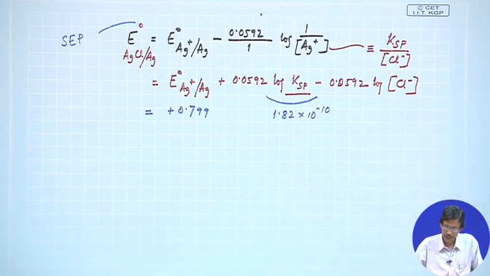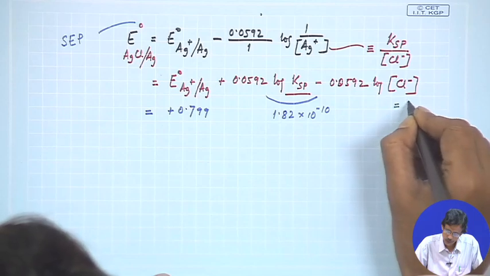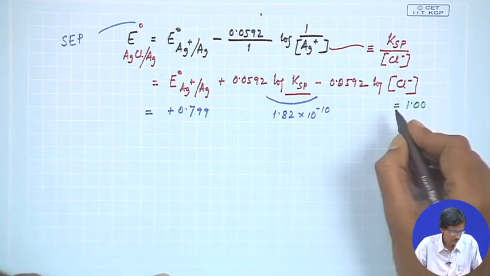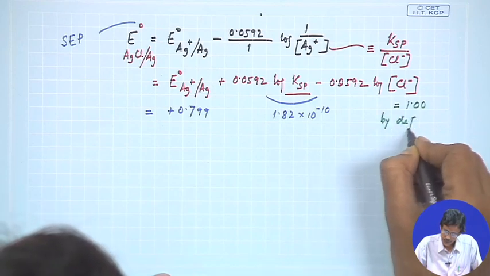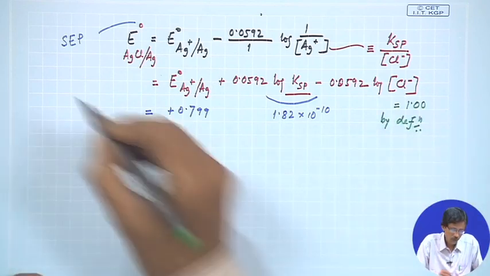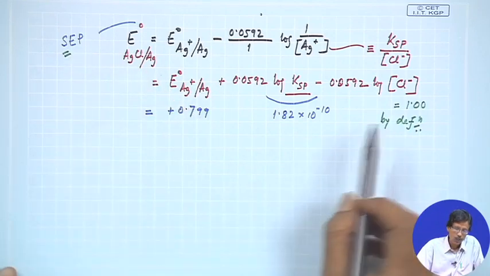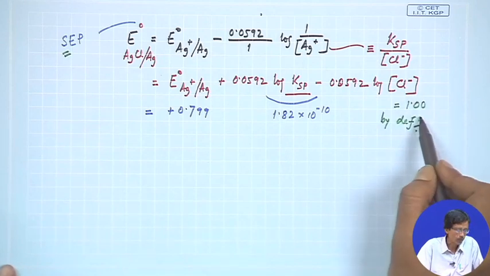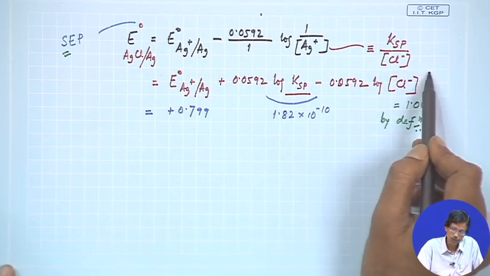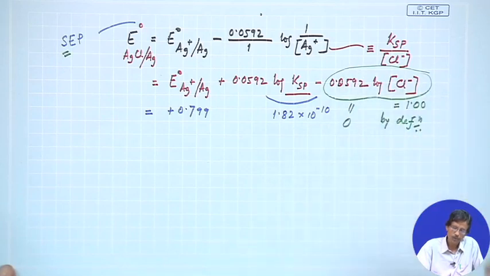The chloride ion concentration, by definition, under the standard condition has an activity equal to 1.00. So for the standard condition, your chloride value is 1, and therefore this log term will be equal to 0.